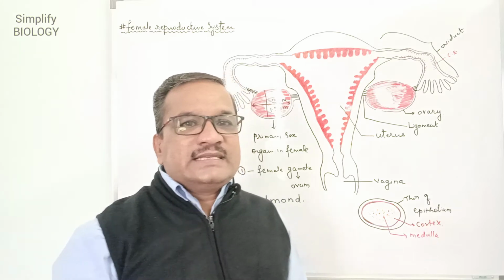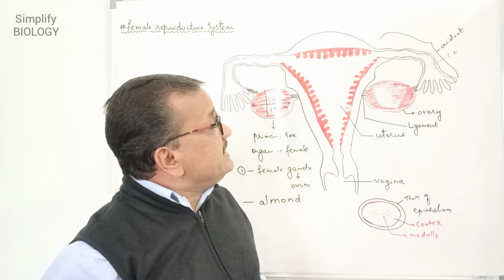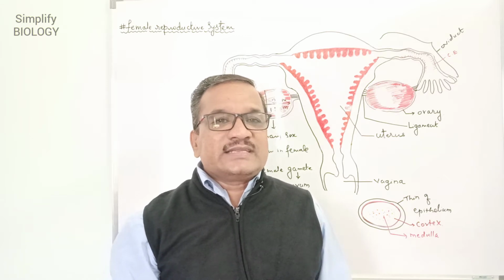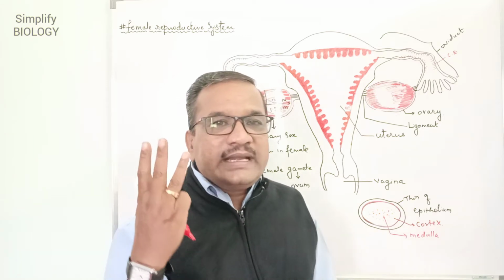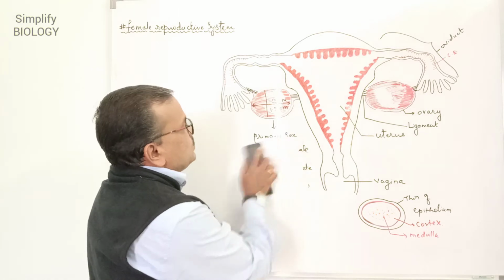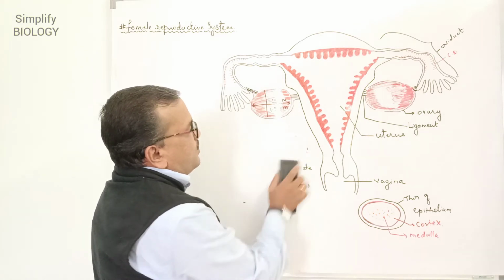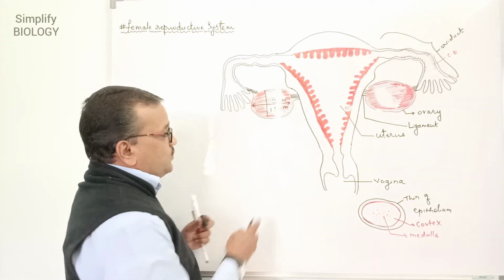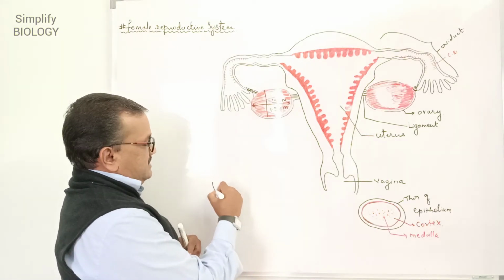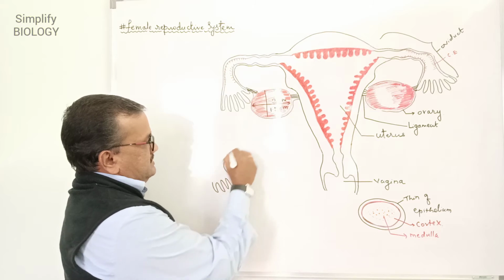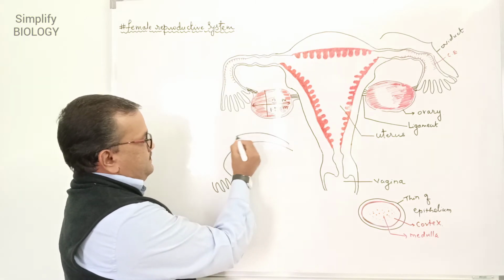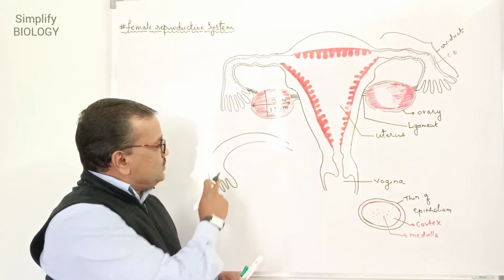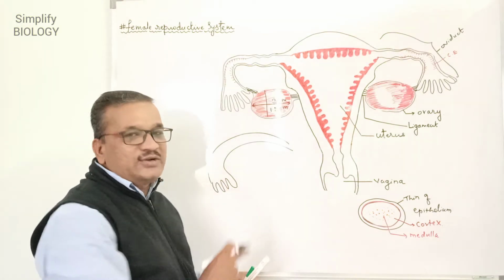Okay, next, the oviduct is basically divided into three parts. In how many parts is this oviduct divided? It is divided mainly into three parts. Here, if I draw the structure of the oviduct, for example, this is the structure of the oviduct.